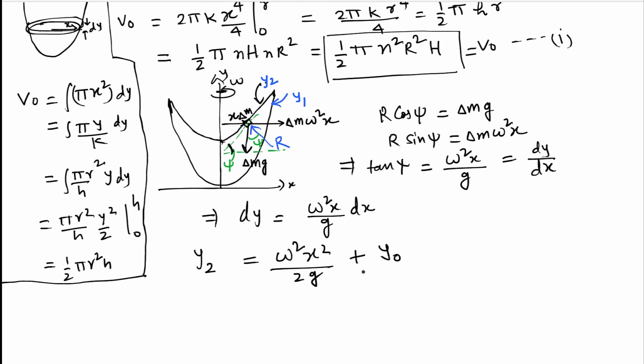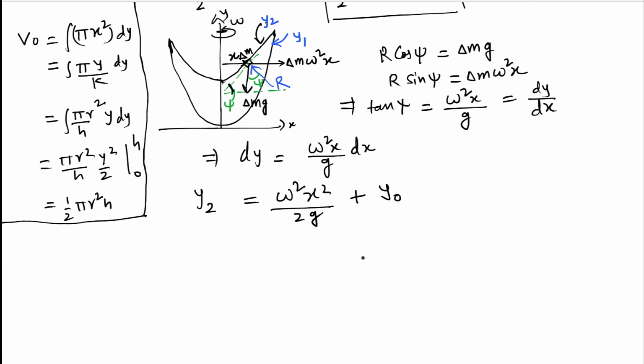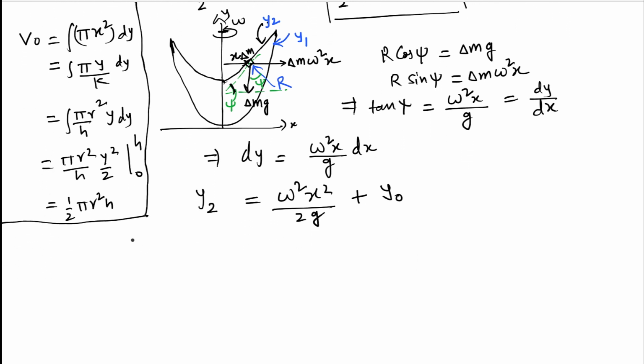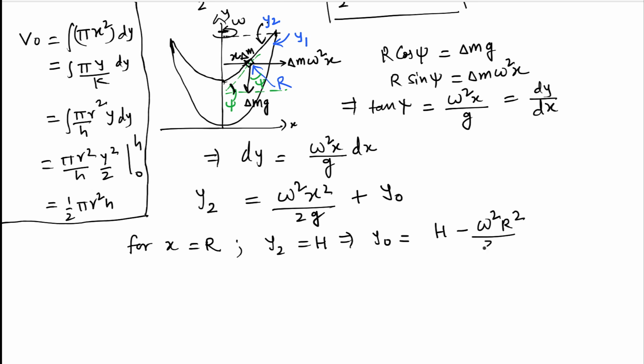Okay, and we don't know what y0 is, but given the condition, for x equal to r, when x reaches the maximum r, we know that y2 has to be h. So which means y0 is h minus omega square r square by 2g. Okay, so this is our y0.